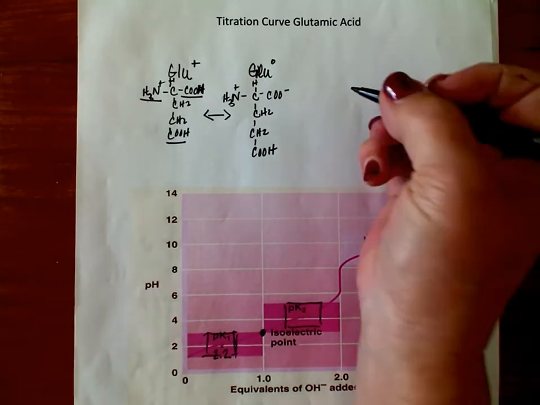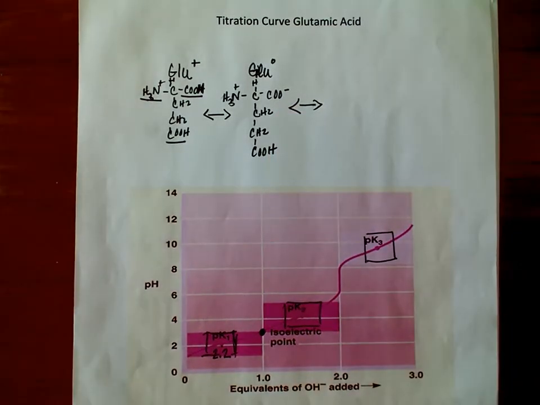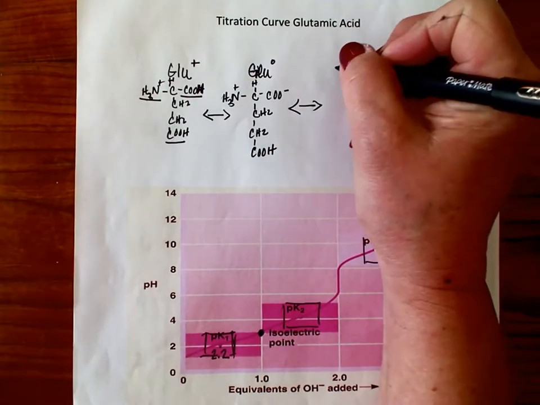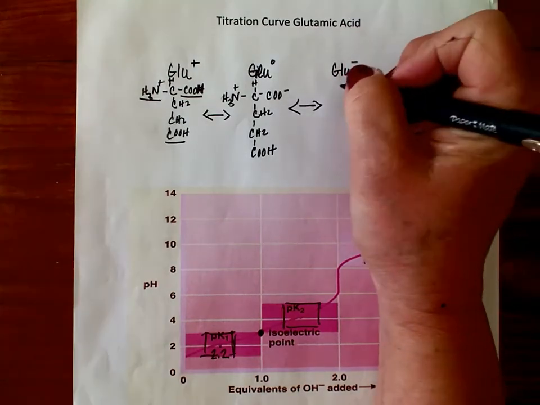Now, the next structure we're going to draw is when the side chain ionizes. Okay? And when that happens, we're going to have an overall net charge of -1.